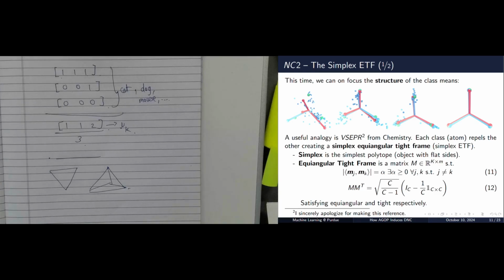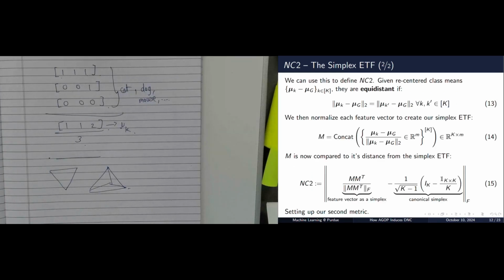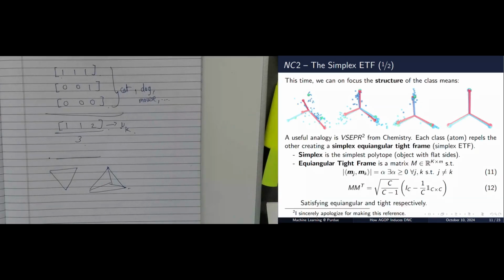For our case, it is K, our number of classes. I'm introducing the general definition of simplex ETF, so generally it is a matrix with this sort of a shape.